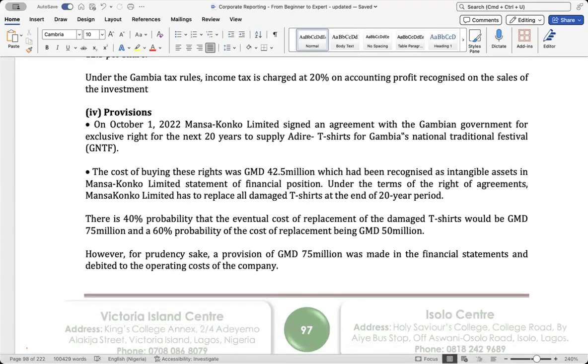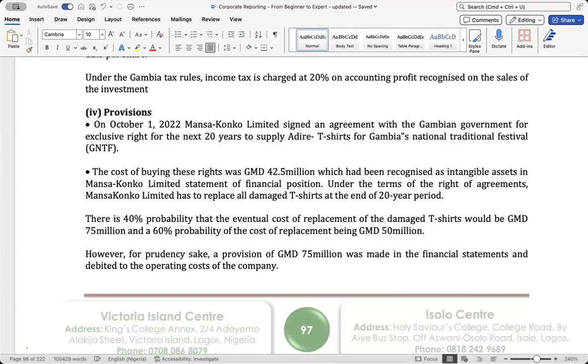On October 1, 2022, Mansa Cooper Limited signed an agreement with the Gambian government for exclusive rights for the next 20 years to supply Adire t-shirts for Gambia's National Traditional Festival, GNTF. The cost of buying these rights was 42.5 million GMD, which had been recognized as intangible assets in the Mansa Cooper Limited Statement of Financial Position.